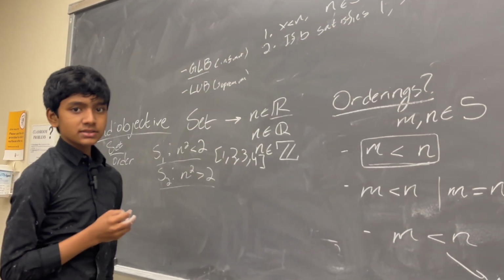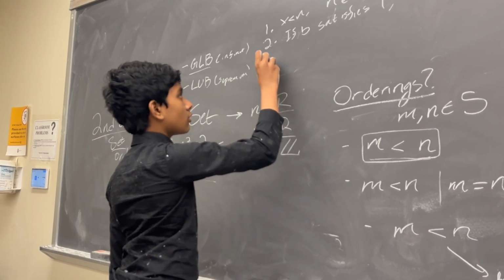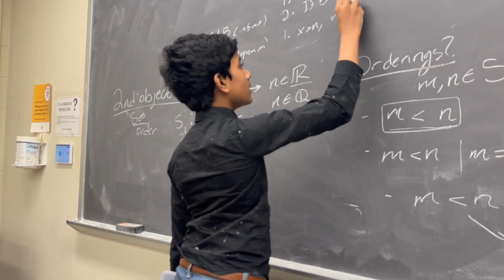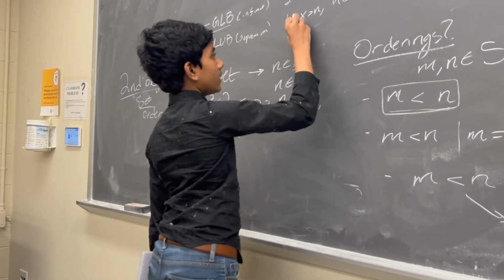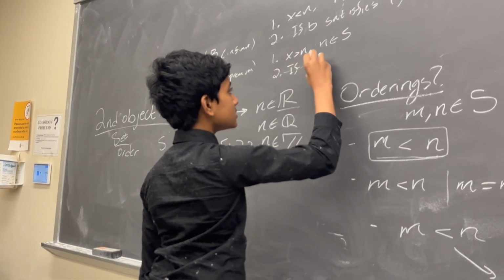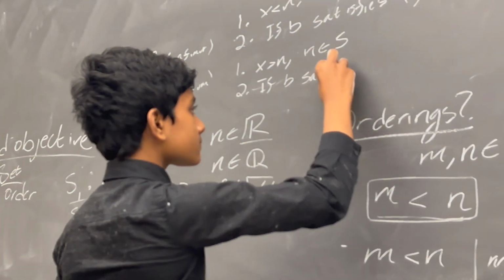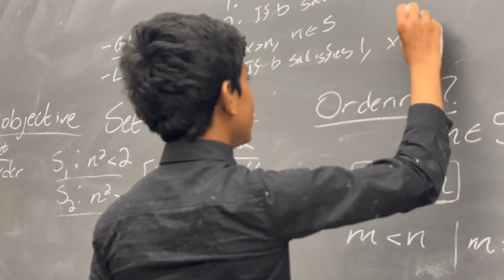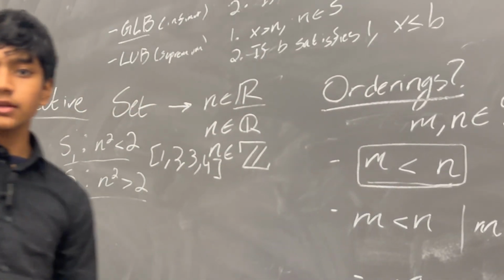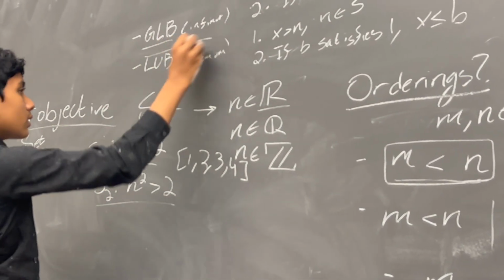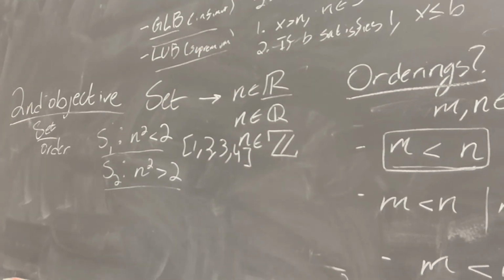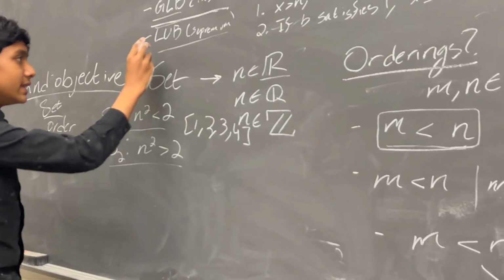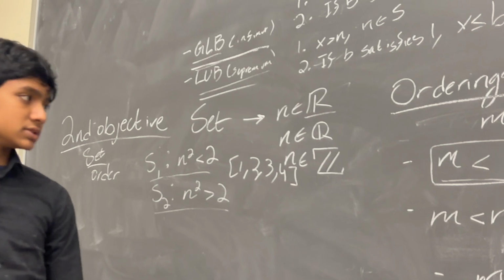And similar conditions apply with the least upper bound, also known as the supremum. 1, x has to be greater than or equal to n for all n in S. And 2, if b satisfies condition 1, x is less than or equal to b. So this is kind of a substitute for minimums and maximums, specifically the infimum being a substitute for minimums and the supremum being a substitute for maximums.